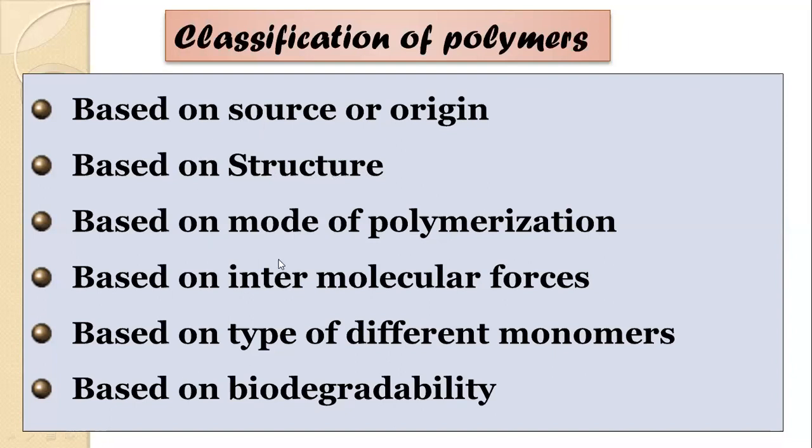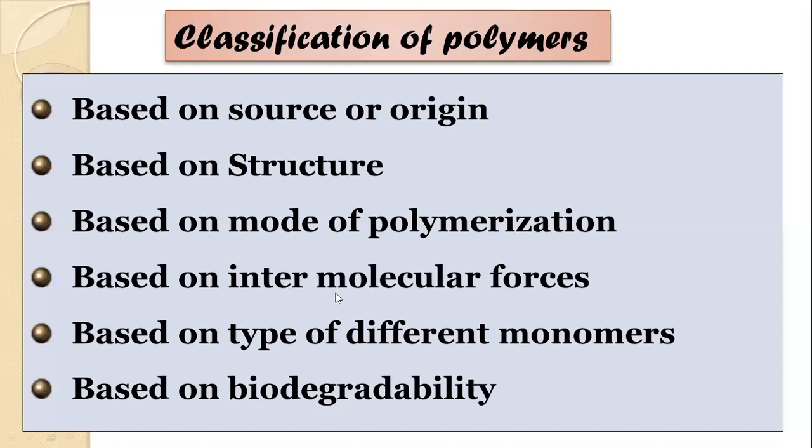We will see all these classifications in detail, but in the first slide, you should know how these polymers are classified. Then third one is based on the mode of polymerization. Mode of polymerization means how these are prepared, by using addition method or by using condensation method. Then fourth one is classification based on intermolecular forces. What type of forces are present in the polymers, whether these are van der Waals forces or hydrogen bonds or covalent bonds.